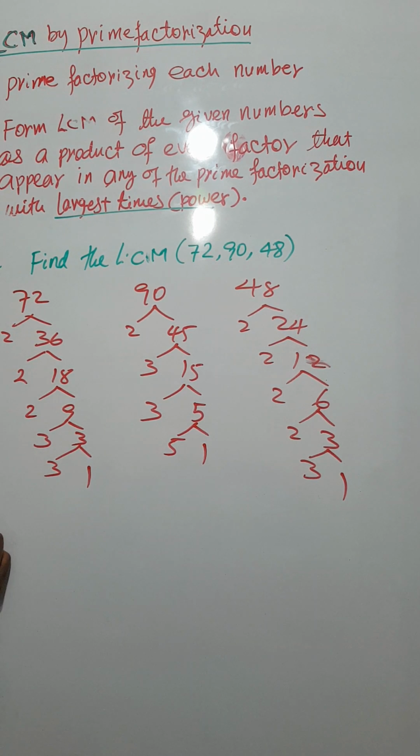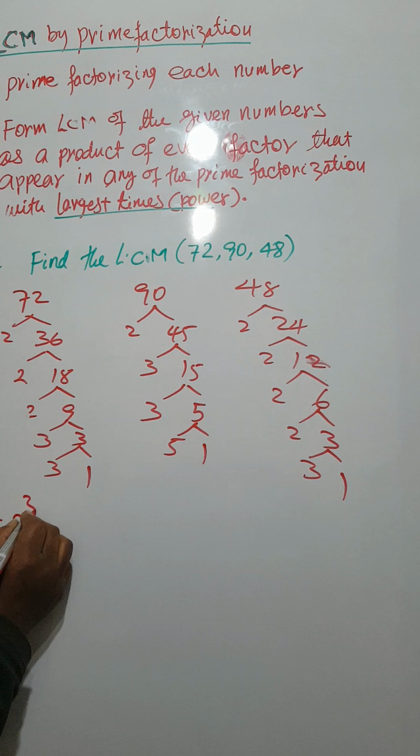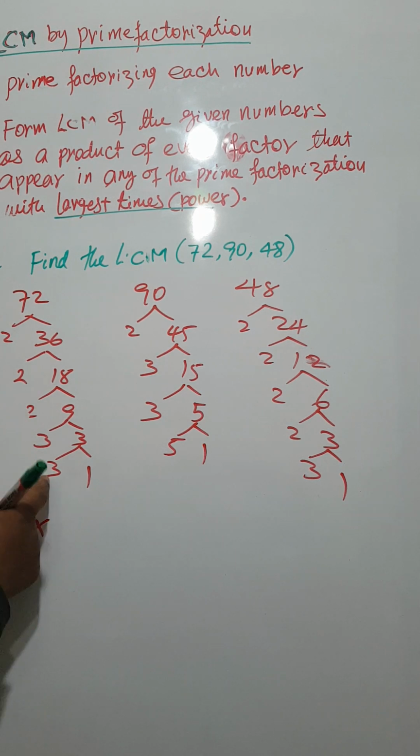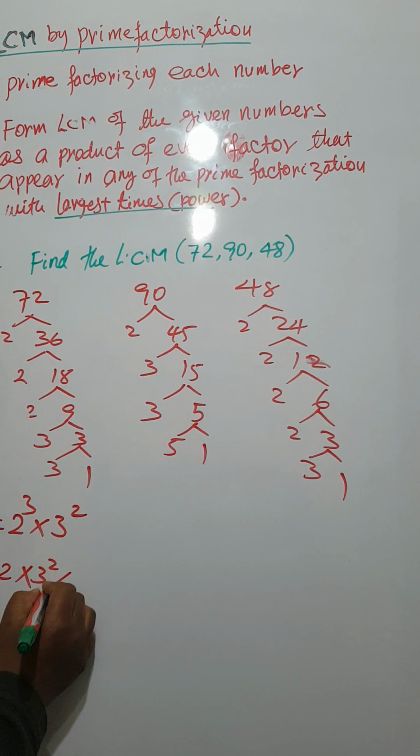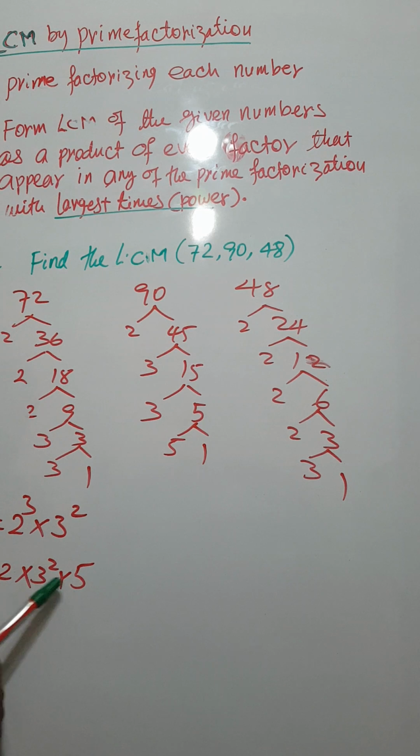So 72 is equal to 2 to the power of 3 times 3 to the power of 2. 8 times 9 is 72. 90 is equal to 2 times 3 to the power of 2 times 5. 9 times 5 is 45, times 2 is 90. 48 is equal to 2 to the power of 4 times 3.